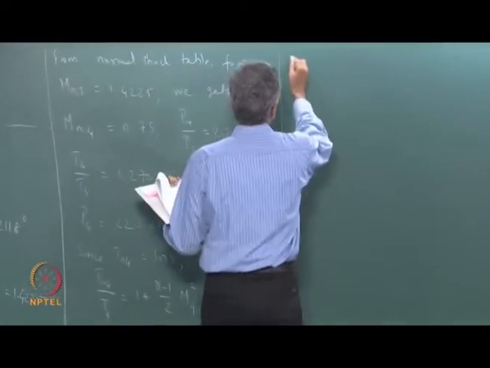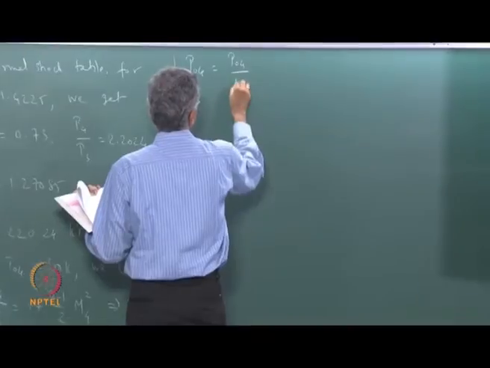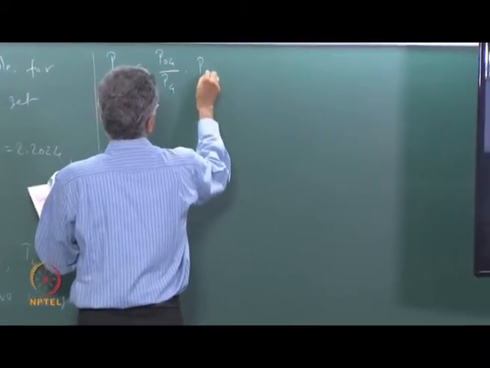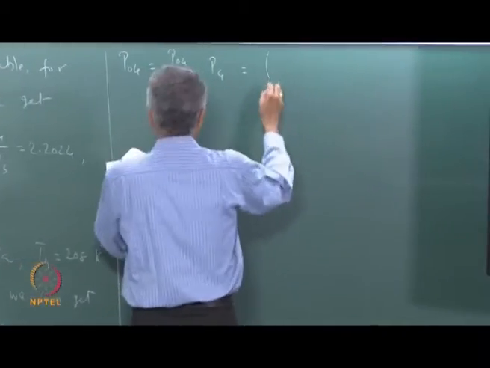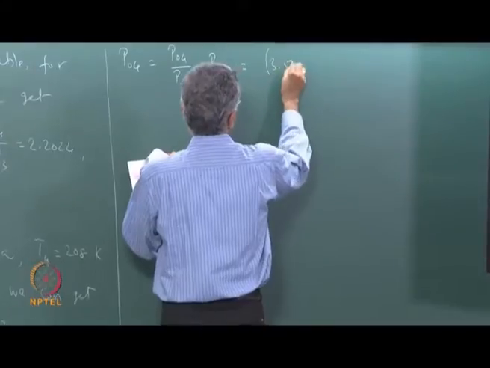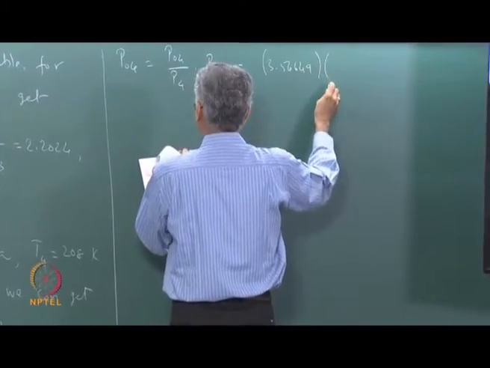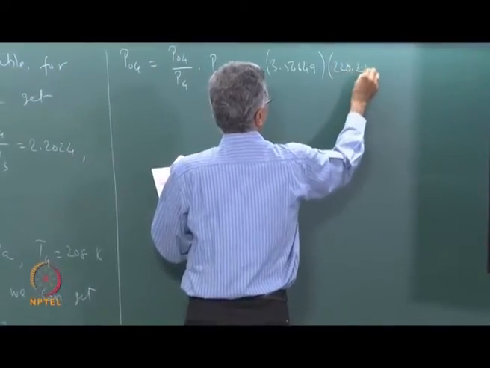And now I can calculate P04, which is equal to P04 over P4 times P4, and the first number I can get from the isentropic table, 3.56649, times P4, which is 220.24 kilopascal.